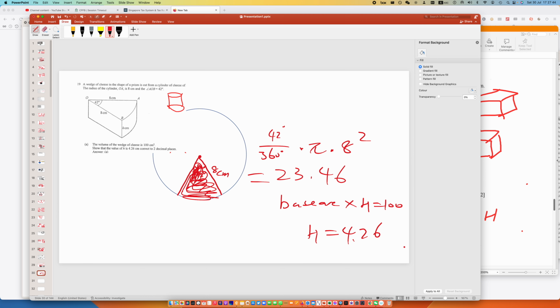Equals, times 23.46. Then it's just 100 divided by this. And then you can show that h is actually 4.26. Yes. Okay? 4.26. So that's how you show 4.26 for the h, which is your part A.